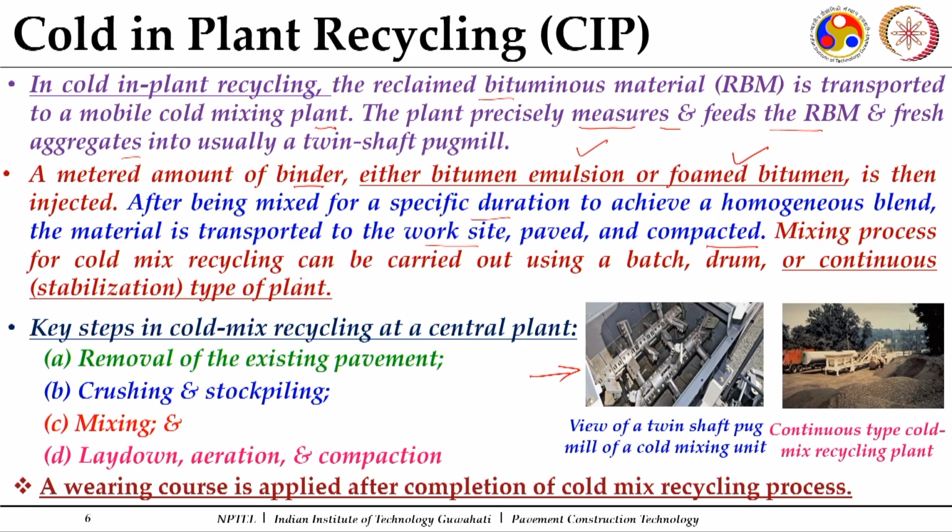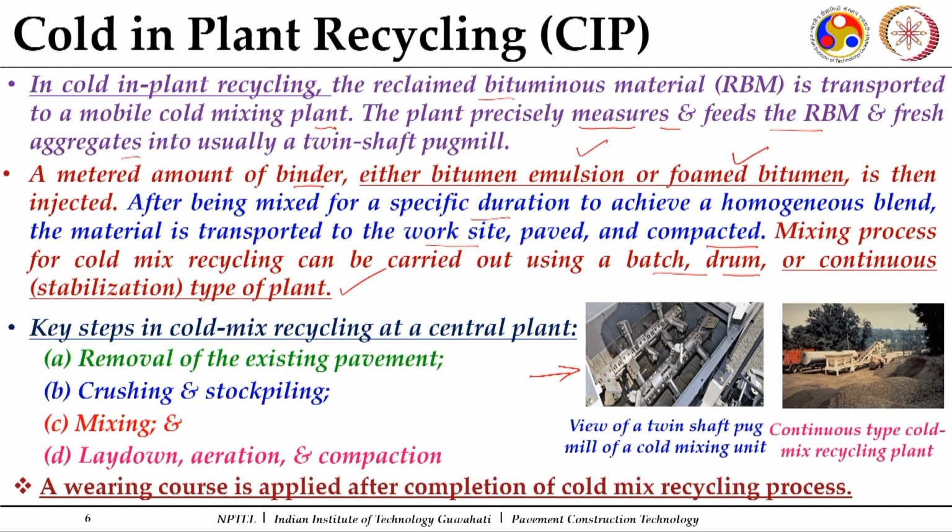The mixing process for cold mix recycling can be carried out in a batch plant, drum plant, or a continuous stabilizing type plant, which is highly preferred specifically for the production of these cold recycled asphalt mixes.